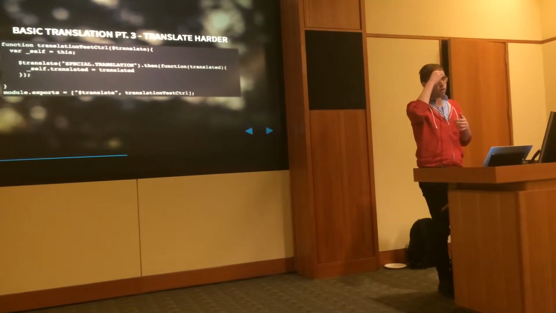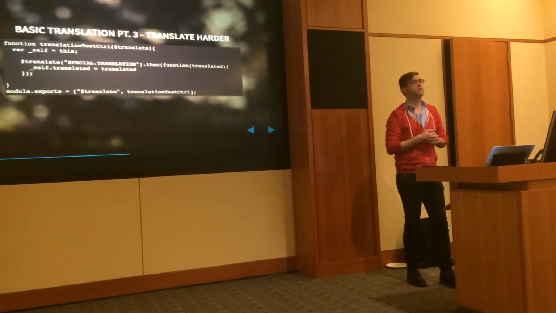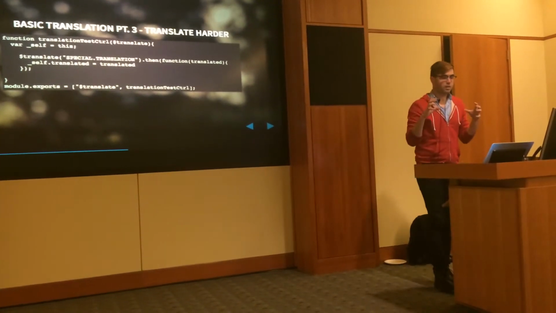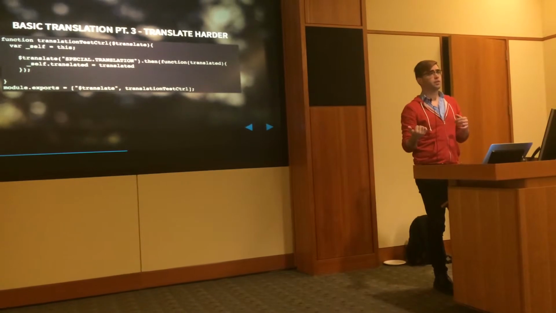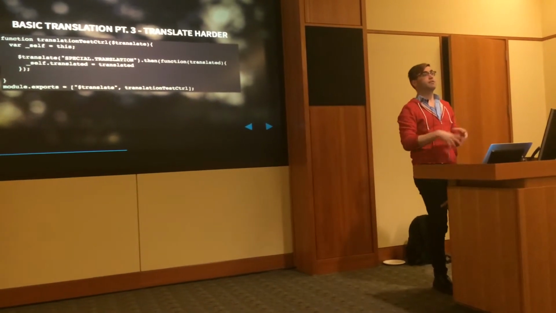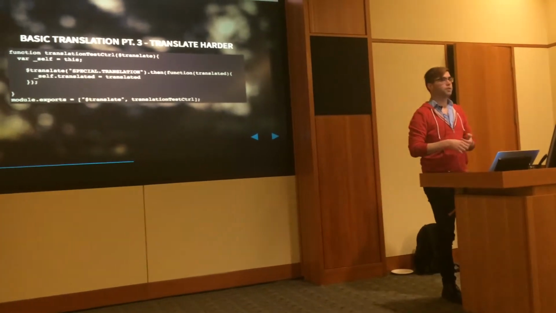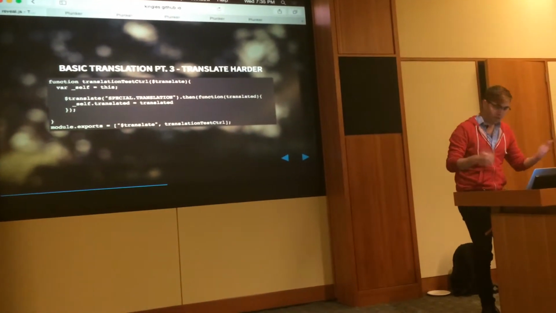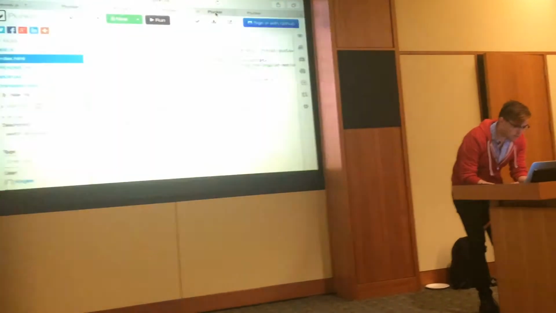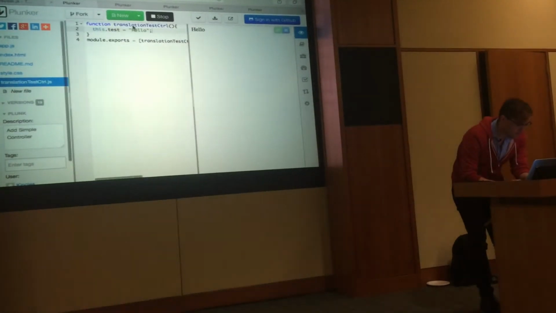And there's actually one more that I don't really recommend just because it brings in some weird complications that I'll show you in a couple minutes. But you can actually bring in a translate service. So you get $translate, you pass it a key, it returns to you a promise that will eventually resolve to your translated key. Great, right? Basic stuff. So let's take a quick look at what that guy looks like.